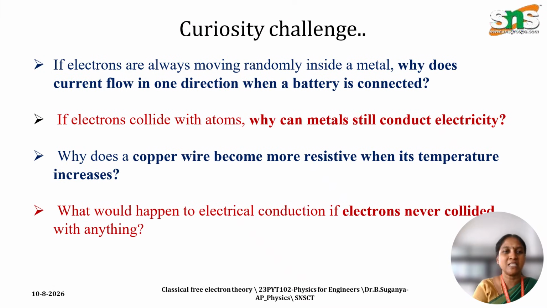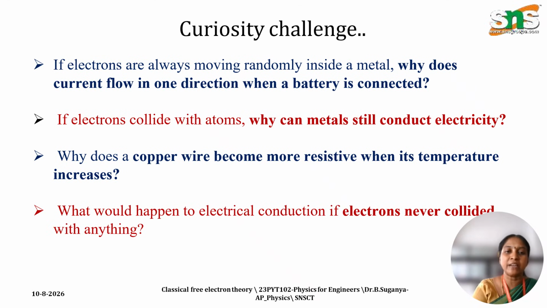Now a curiosity challenge. If electrons are always moving randomly inside the metal, why does current flow in one direction when the battery is connected? When the battery is connected, what happens? The electrons are initially moving in random directions. When the battery is connected, all the electrons move in one particular direction, so the current passes through the metal.